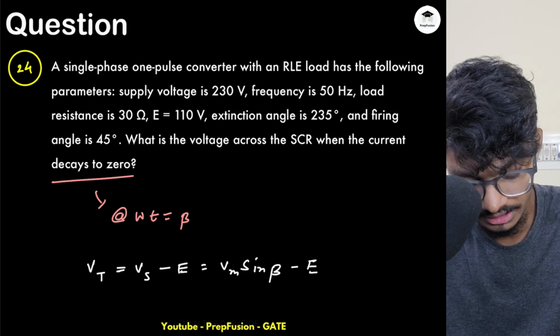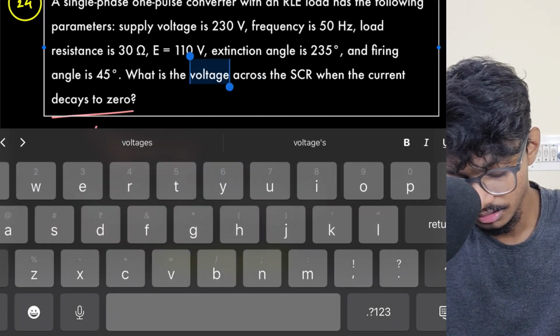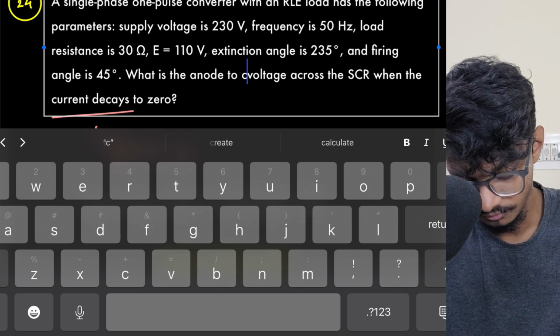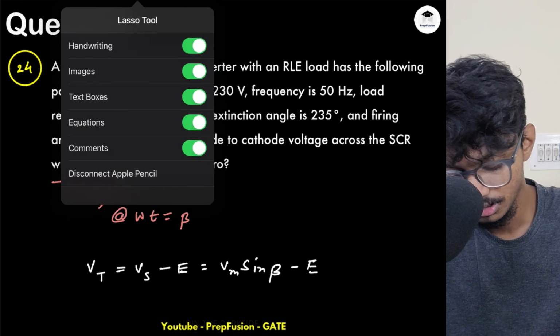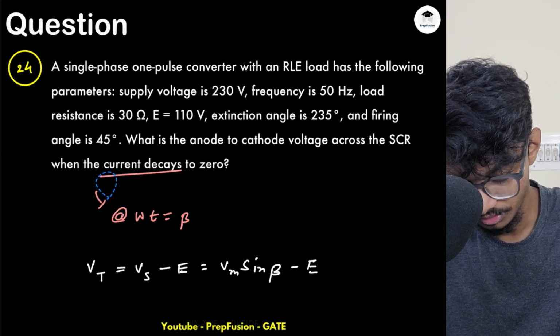I should also tell here what is the anode to cathode voltage across the SCR. Then this will be much better terminology, because obviously the polarity is also important, right? Polarity is also important.